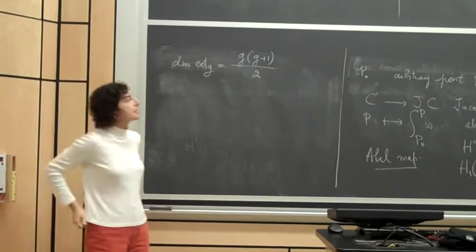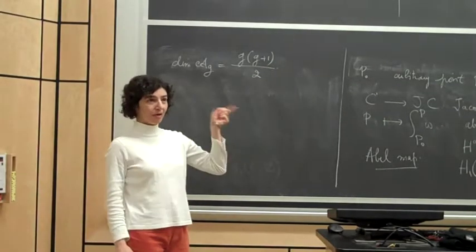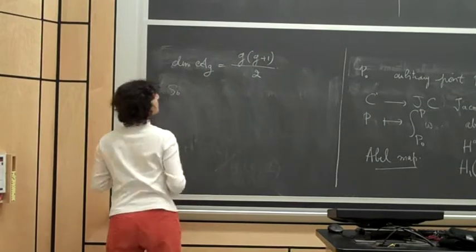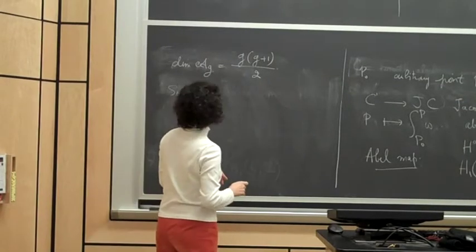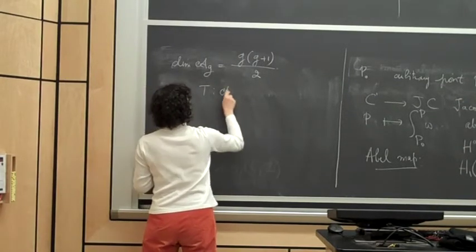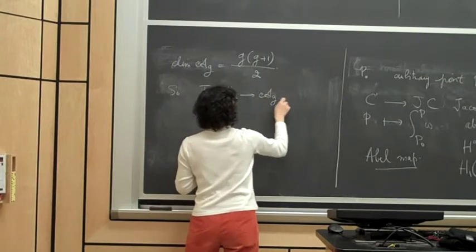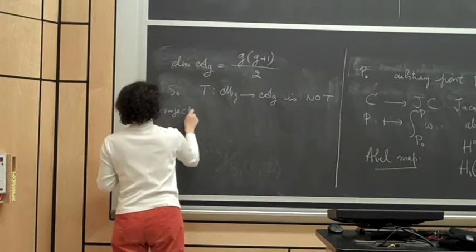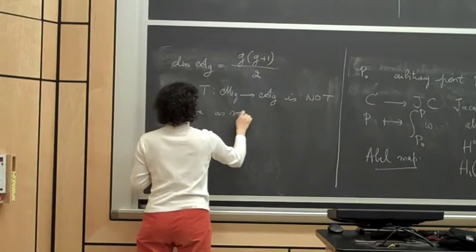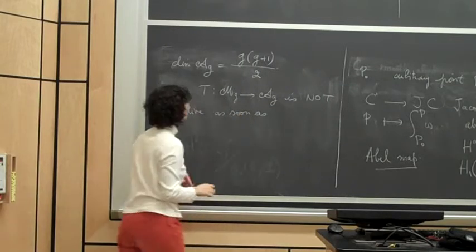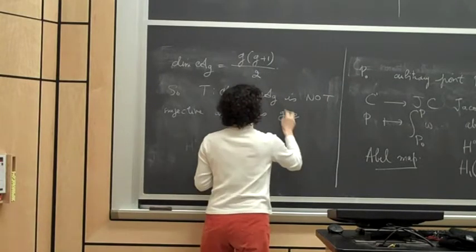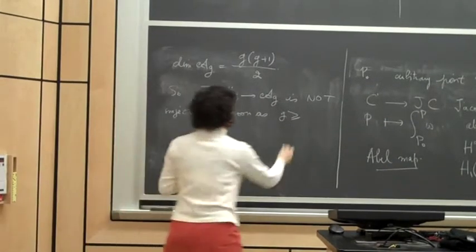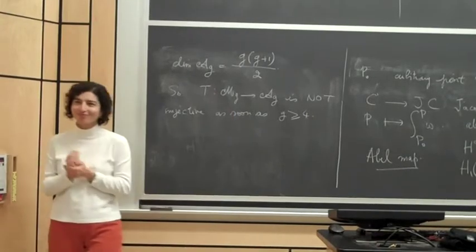So you can see immediately that even though the map is injective, it cannot possibly be surjective as soon as g is larger, right? So the Torelli map, T, from M_g to A_g, is not surjective as soon as g is greater or equal to, I think, 4.